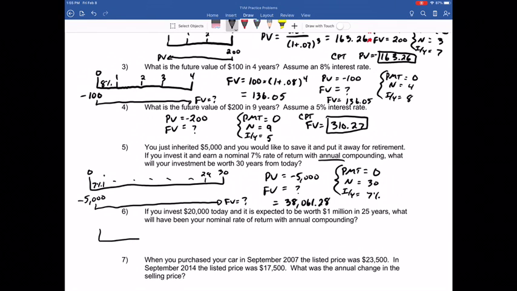So again, drawing the timeline will showcase that in year 0, I invested $20,000. Then in 25 years, this $20,000 investment has grown to $1 million. I want to know what rate of return I earned on an annual basis on this $20,000 initial cash flow, in which it was able to grow to $1 million at the end of this 25-year period.